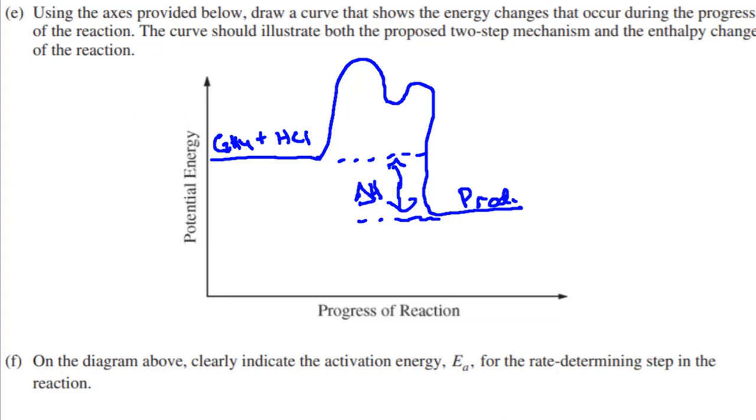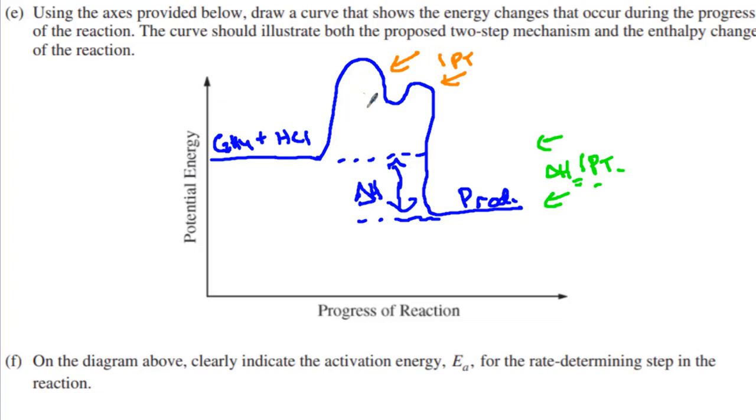You want to know how we grade it. The 1 point is for the potential energy of the products being lower than the reactants. So 1 point gives you that delta H being negative, or exothermic. The second point, worth another 1 point, is when we have two humps, which shows a two-step process.